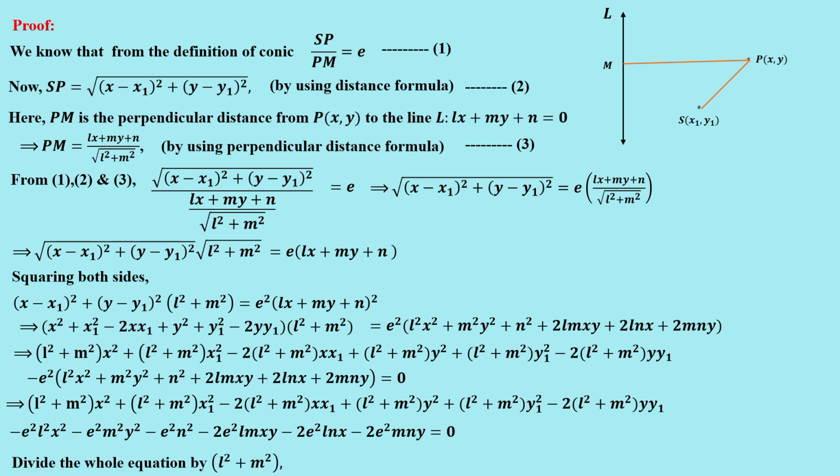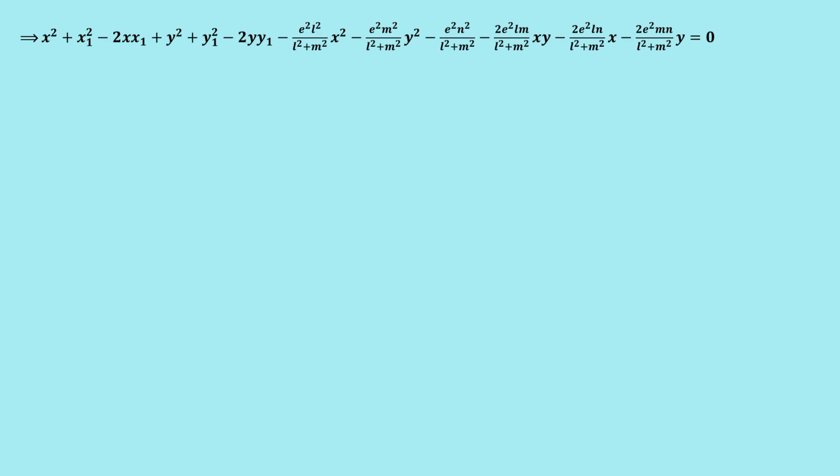Divide the whole equation by (L square plus m square), right? So (L square plus m square) in the numerator divided by (L square plus m square) gets cancelled.